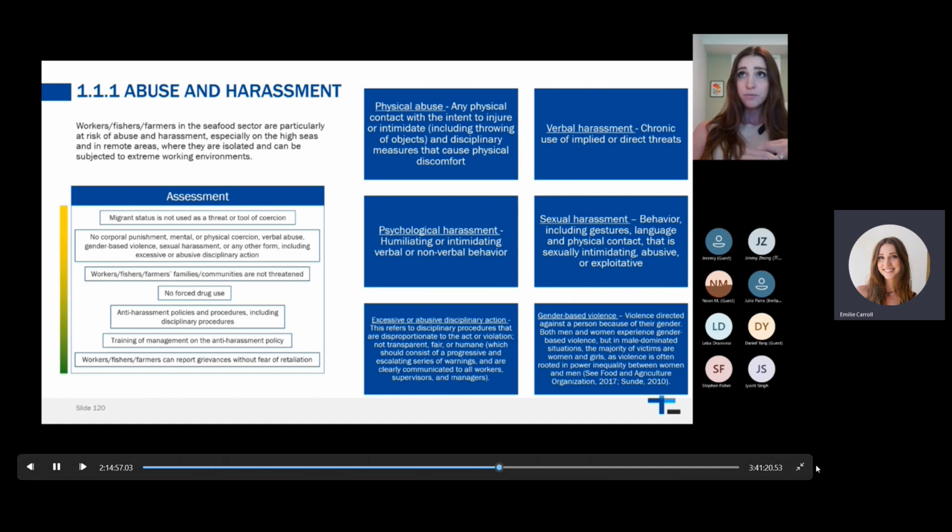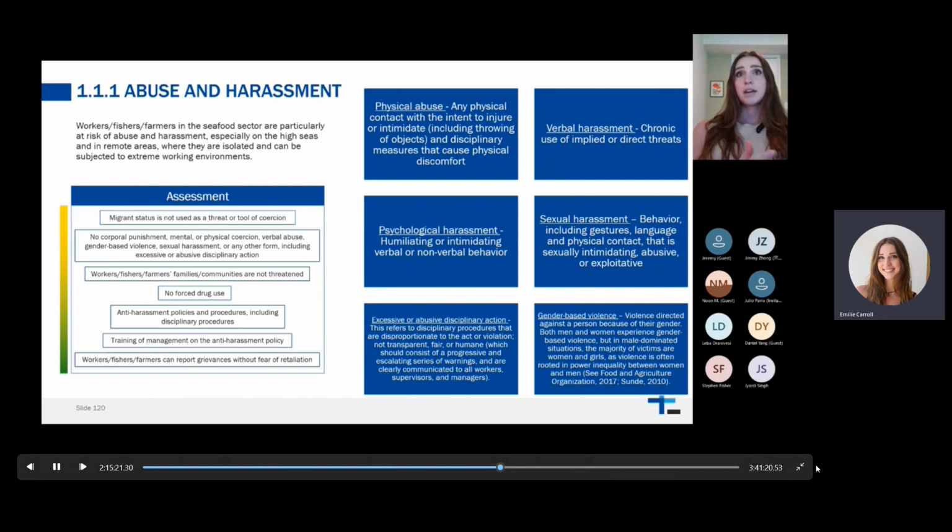Verbal abuse or verbal harassment is the constant use of implied or direct threats versus psychological harassment, which can be a little more convoluted in that it's humiliating or intimidating, and it can be verbal or non-verbal behavior. And then sexual harassment is gestures, language, and physical contact that's sexually intimidating, abusive, or exploitative.